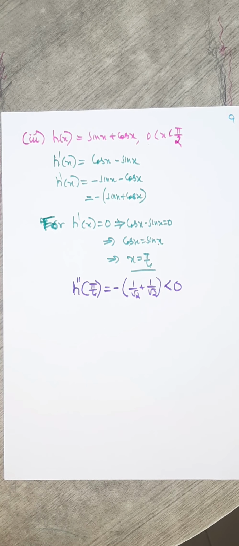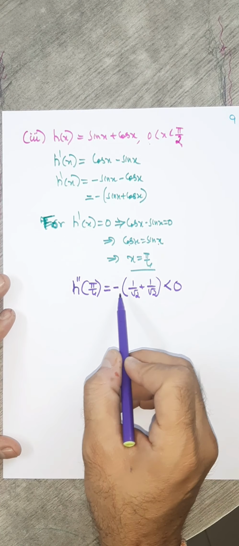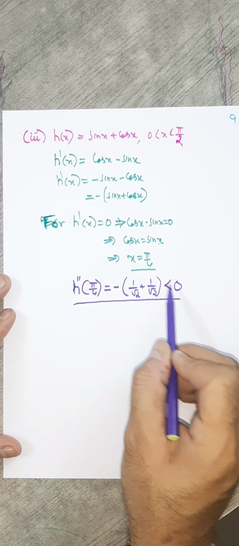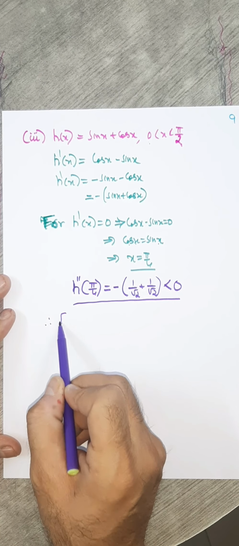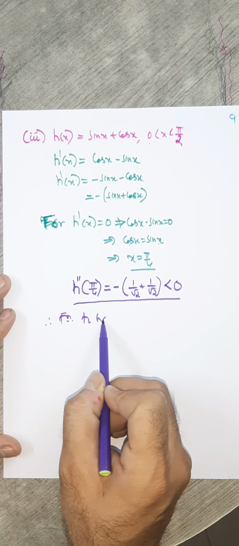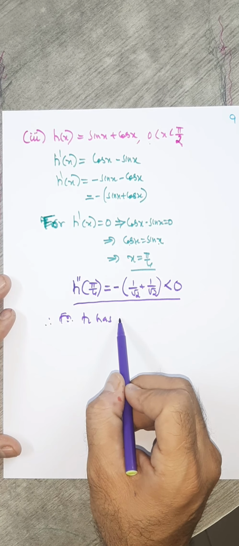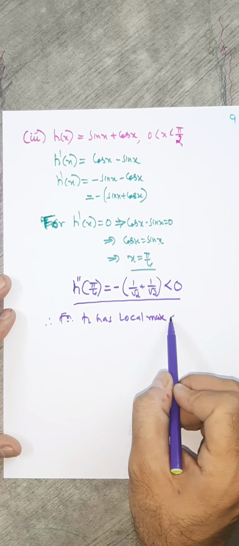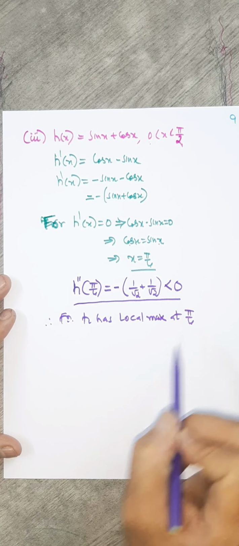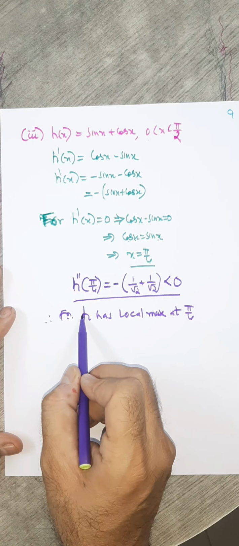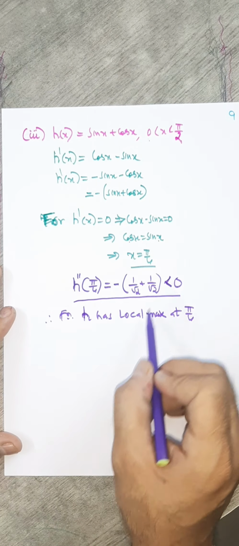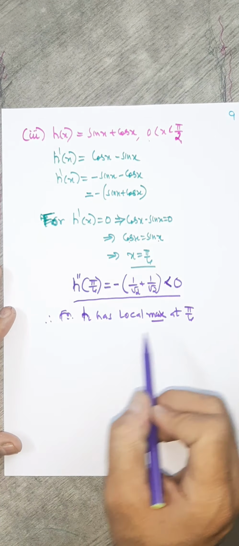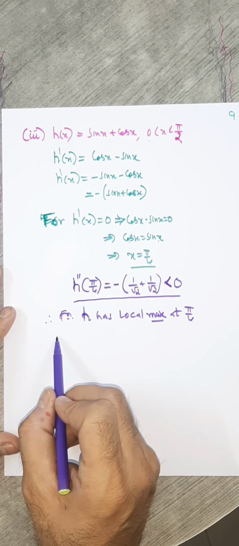What does it indicate? Therefore function h has a local maximum at pi by 4. Negative means maximum, the opposite of positive, which means minimum.